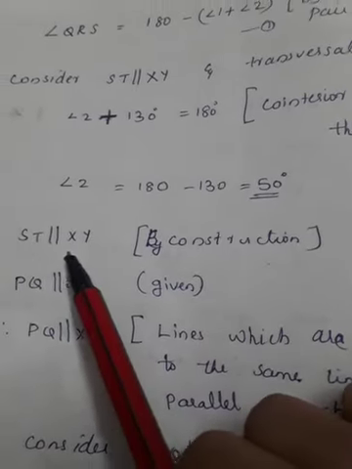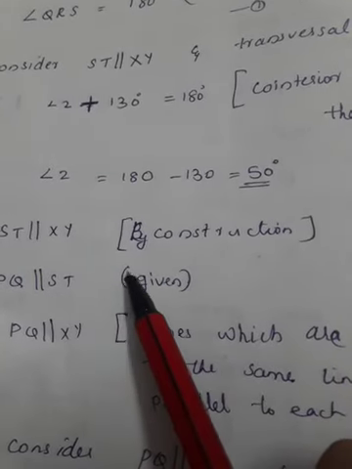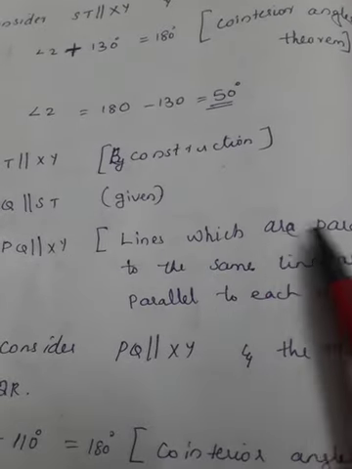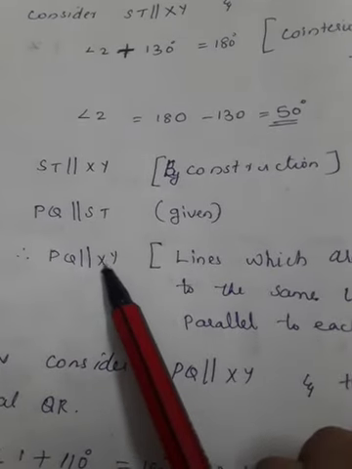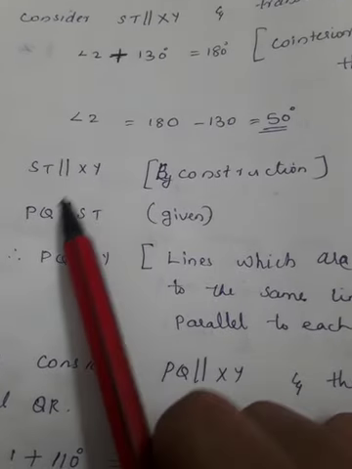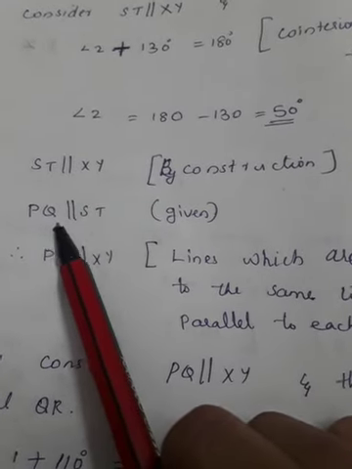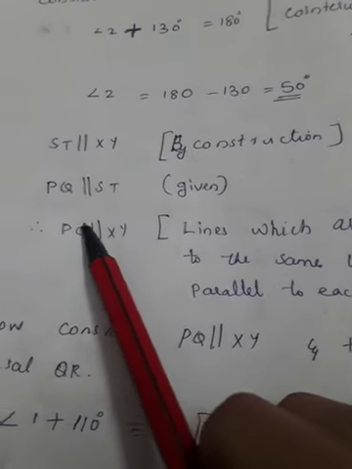Then ST parallel XY by construction, PQ parallel ST given. So, by the theorem, lines which are parallel to the same line are parallel to each other. So, PQ parallel XY. That means these three lines are parallel to each other.